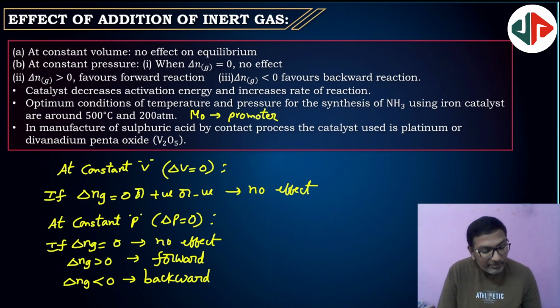So temperature 500 degrees centigrade and the pressure is 200 atmospheres. Next, in the manufacture of sulfuric acid by contact process, catalyst is platinum or V2O5. V2O5 is best catalyst. So Haber's process and contact process. Remember these two.